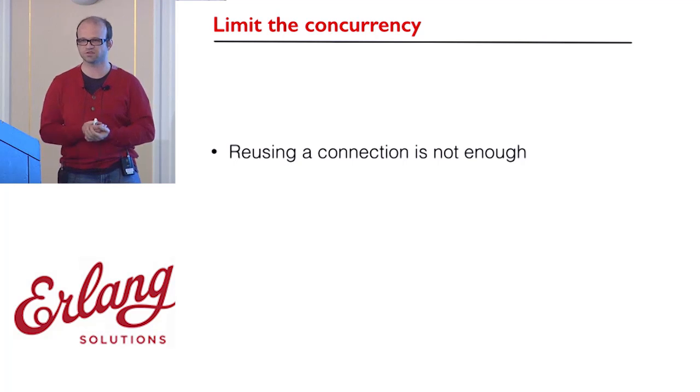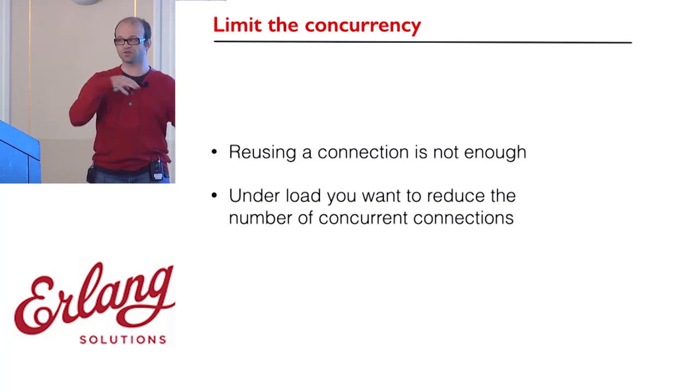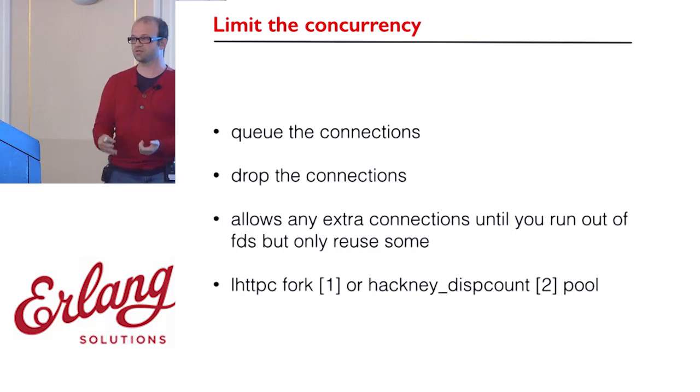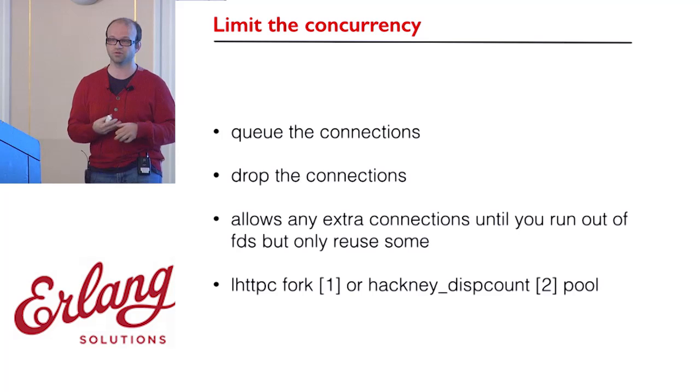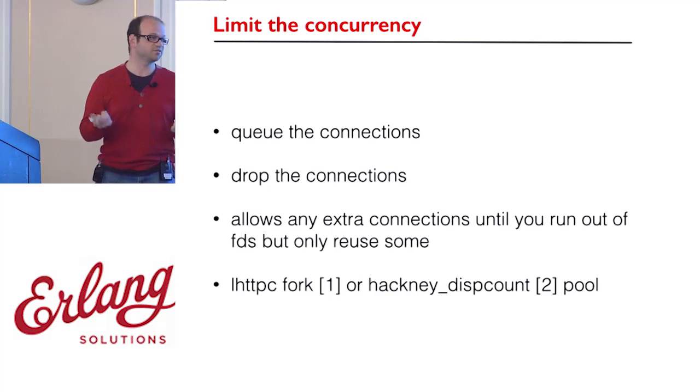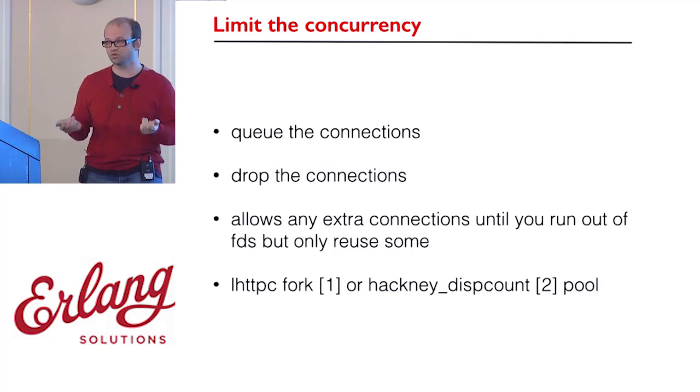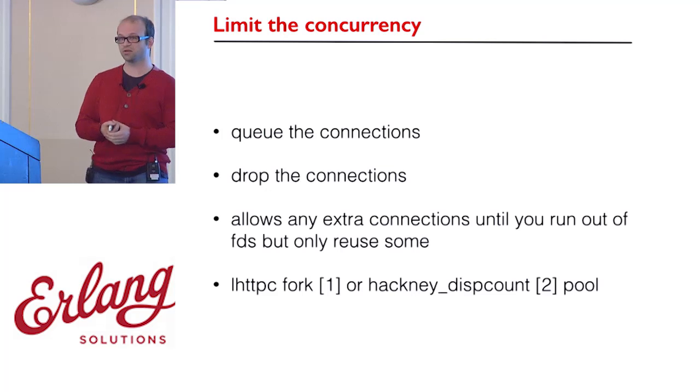You have different strategies. You can say, I'm stopping opening new requests, and I'm dropping any new connection. I'm telling the one that wants to open a new socket that this is not possible, or you are queuing any new request.